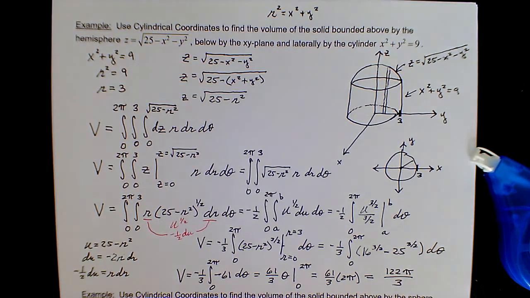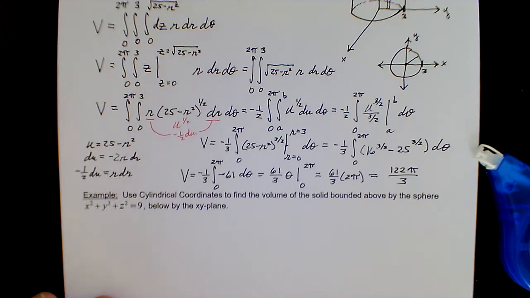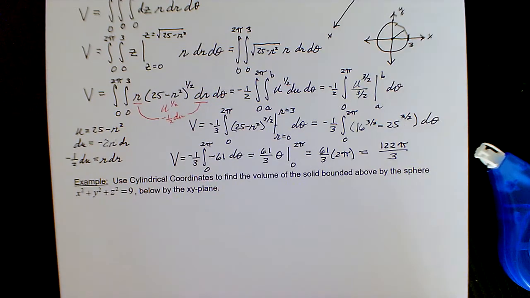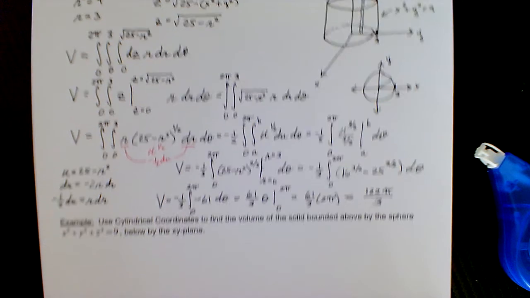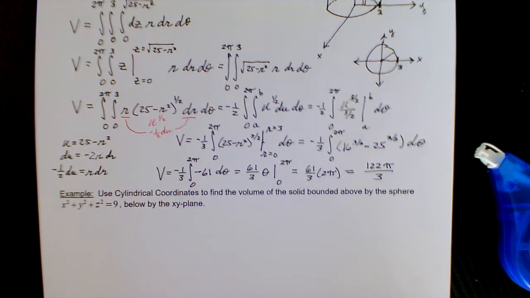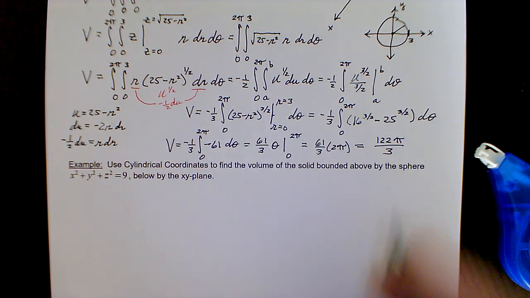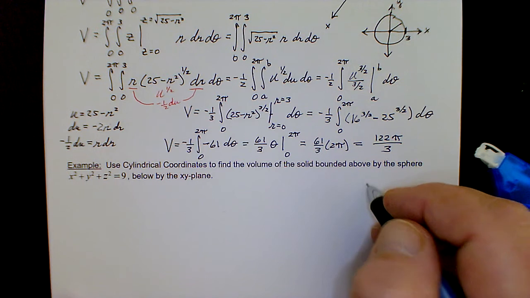Okay, so final example. This one I chose to go over because it's really not that difficult, and it's kind of interesting at the end what we could summarize from this. But it's just the volume of a solid, it's just a hemisphere, and bounded below by the xy plane.